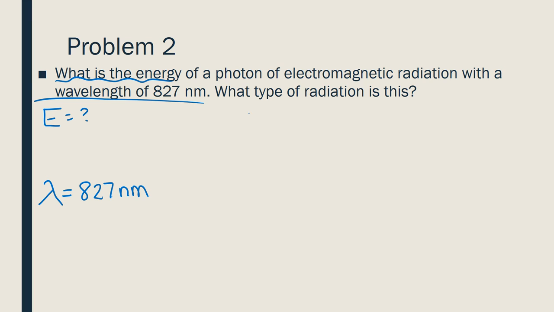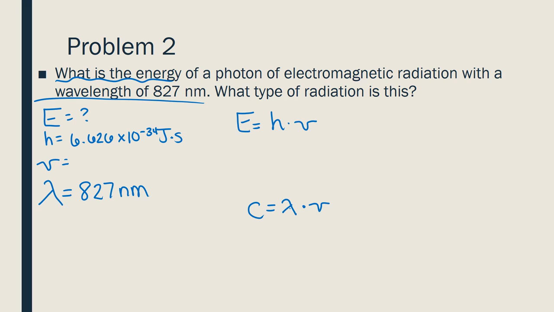In the energy equation, we have Planck's constant times frequency. We know Planck's constant, that always stays with us. But the issue here is we need a frequency, and we do not have one. But we do know from yesterday's equation that c is equal to lambda nu, or wavelength times frequency. So we have a 2-part calculation to solve this problem.